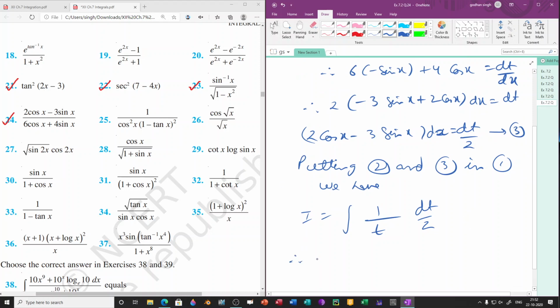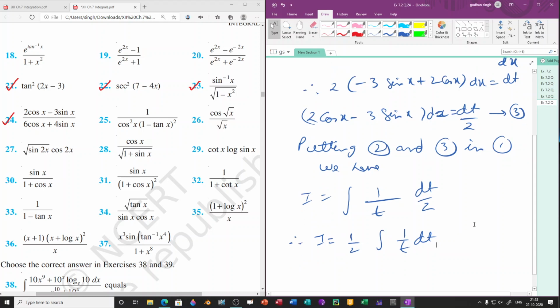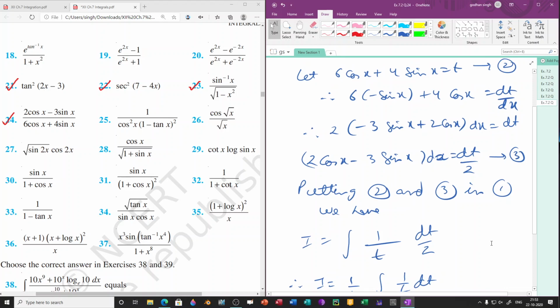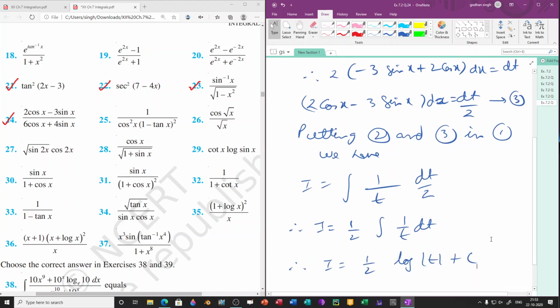So therefore I equal to half integration of 1 by t dt, and we know the integration of 1 by t is log t. So therefore I equal to half log mod of t plus c, and our original function is in terms of x, so we replace t with its value, that is 6 cos x plus 4 sin x.